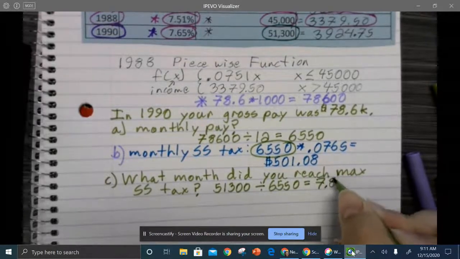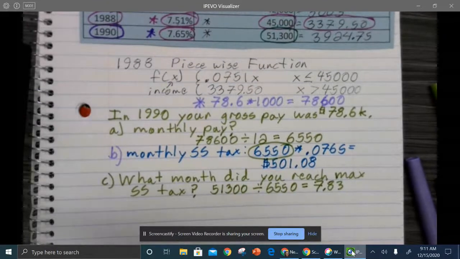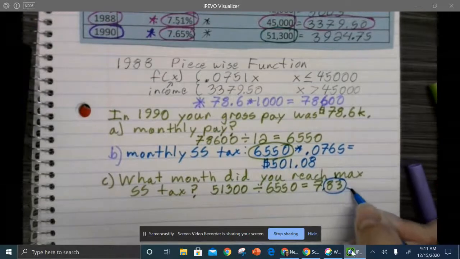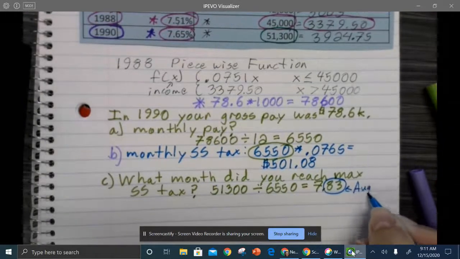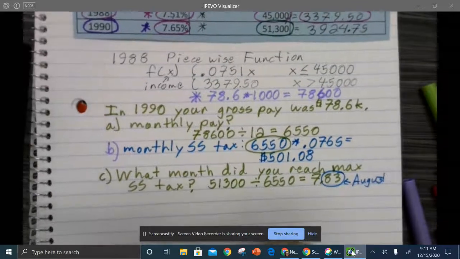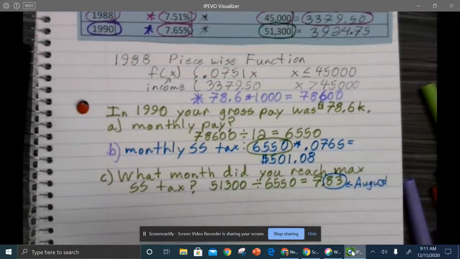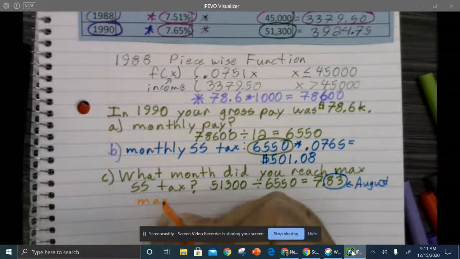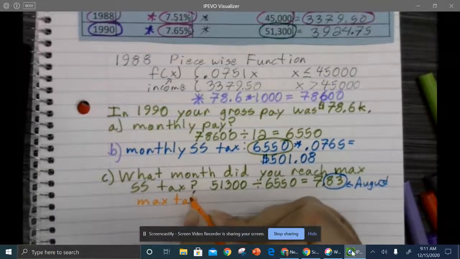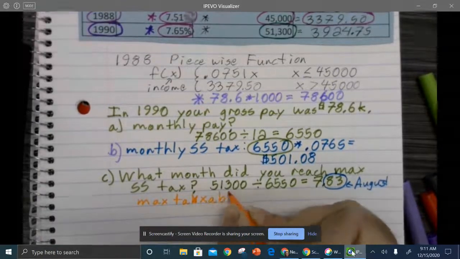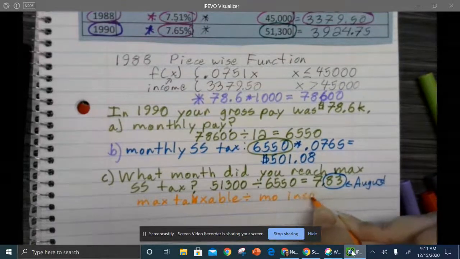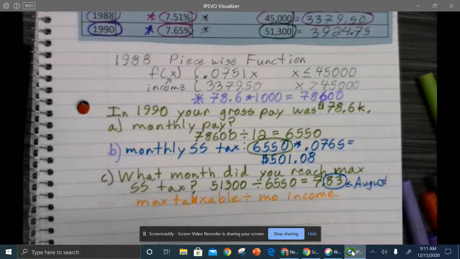We get 7.83, everybody. So that .83, right, is going to be in August. Okay, so remember it's going to be your maximum taxable income divided by your monthly income. Okay.